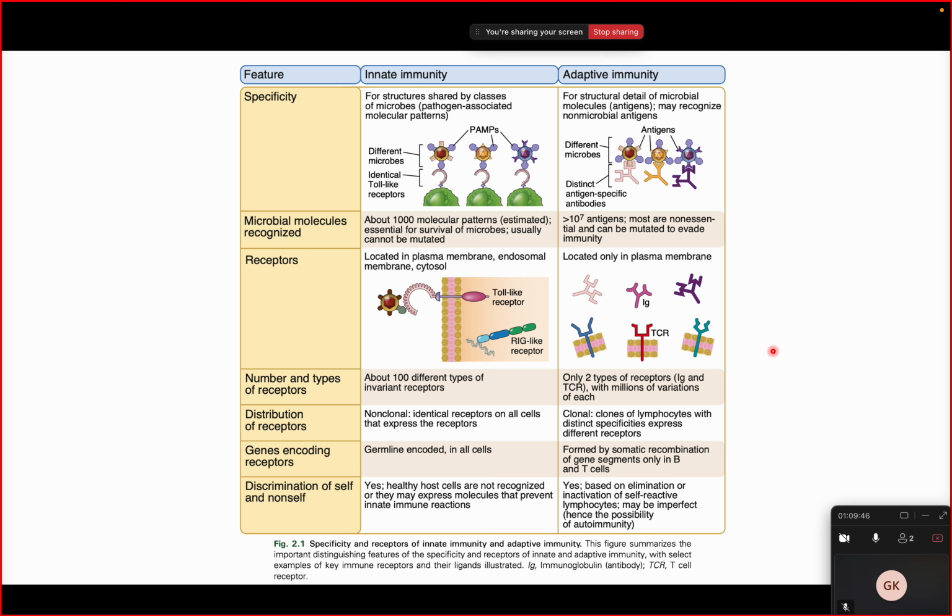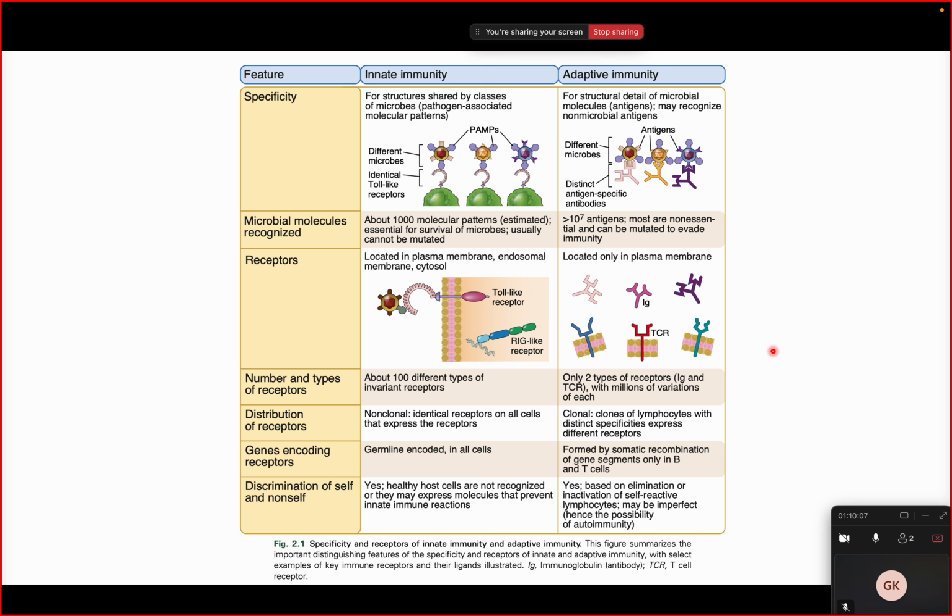Now, we were talking about the receptors because I just said that T cell receptors are there, and B cells have B cell receptors. So, what are the receptors which are involved in innate immunity, and what are the receptors which are involved in adaptive immunity?